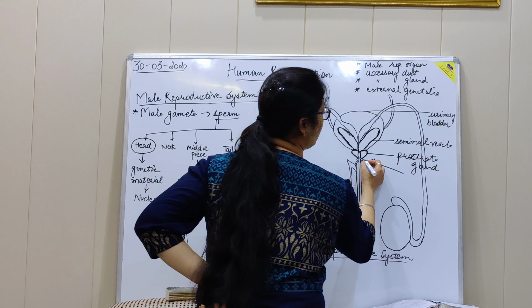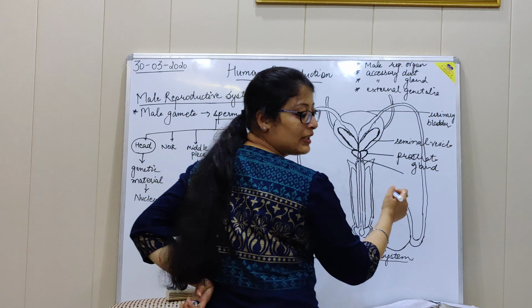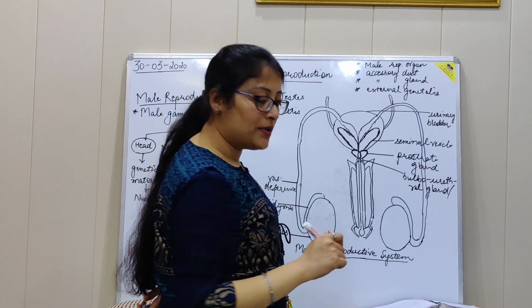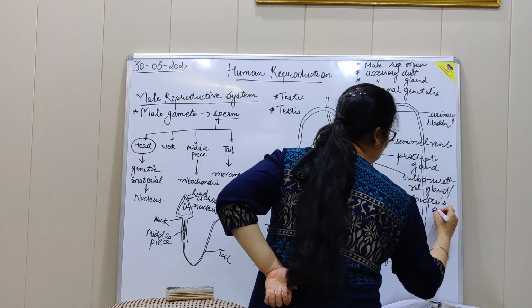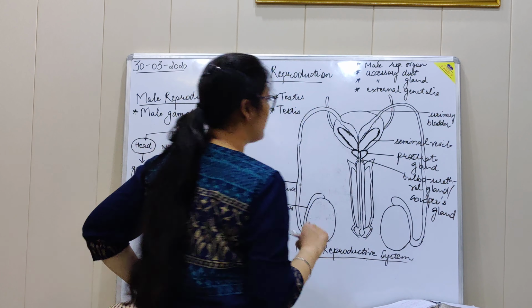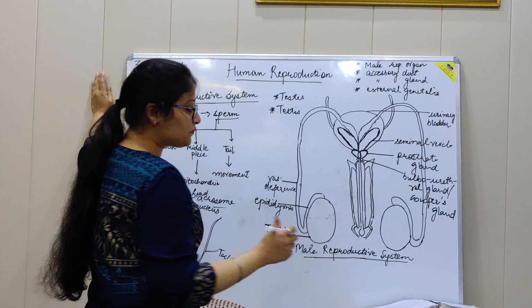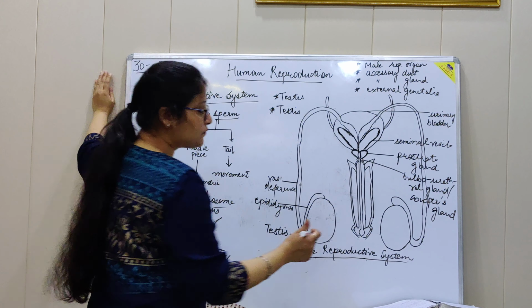This is bulbourethral gland, or you can also say Cowper's gland. Okay. This is penis. Correct? Further, there are two to three things more I'll tell you while explaining everything.